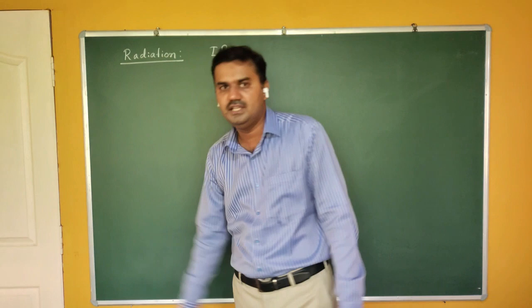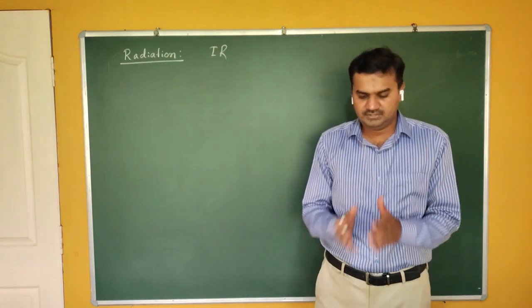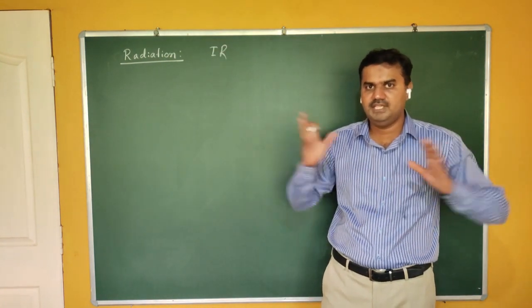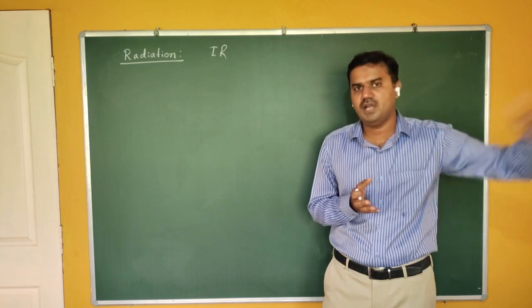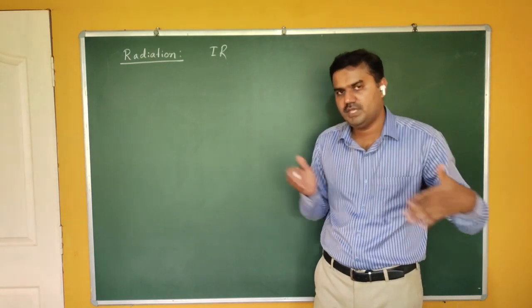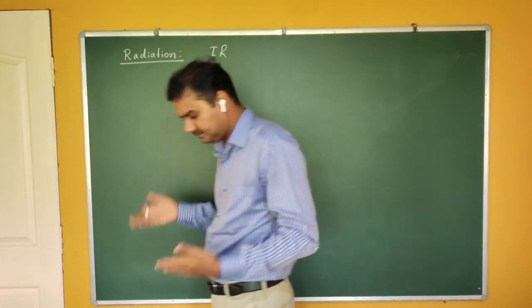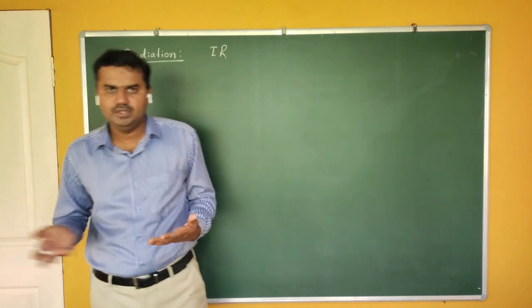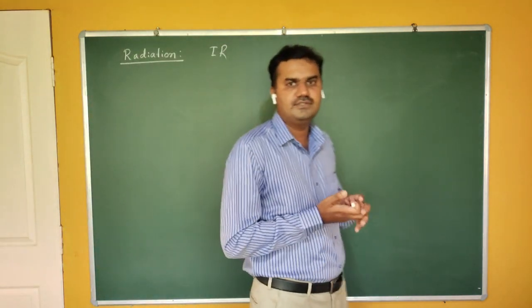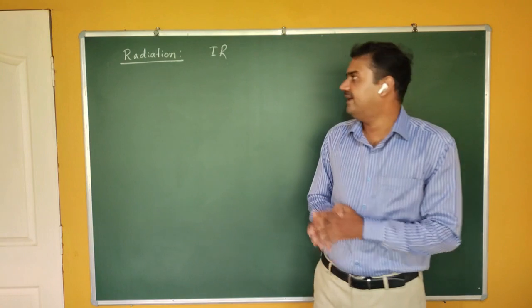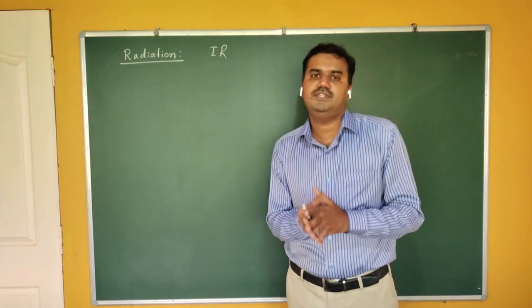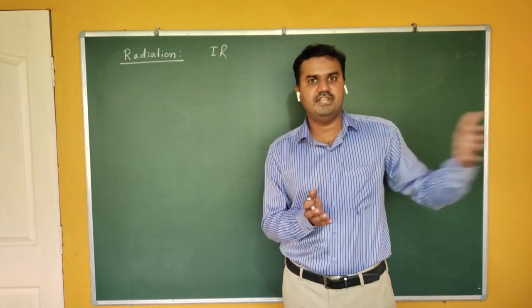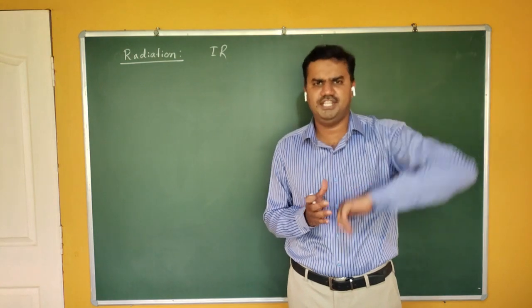Heat radiations are nothing but IR radiation, but these radiations are a big family. That family starts from gamma, X-ray, microwave, visible, IR, radio, ultraviolet. So it is a big family, and IR radiations are part of the family. So when sun emits the radiation, it emits all types of radiations.